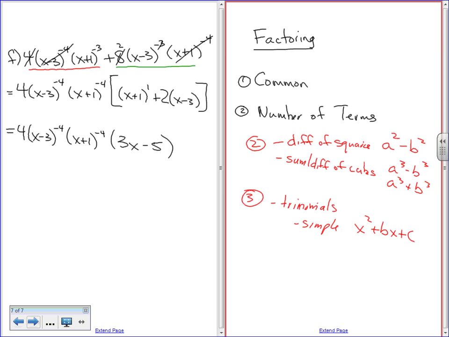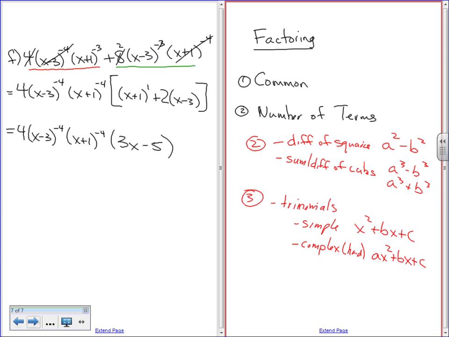We look for 2 numbers that multiply to give c and add to give b and put it into brackets. Then the complex trinomial, or hard type trinomial. It gets harder because now there's a number in front of the x squared. Depending on who your teacher was, you would factor that by the cross method or by decomposition.